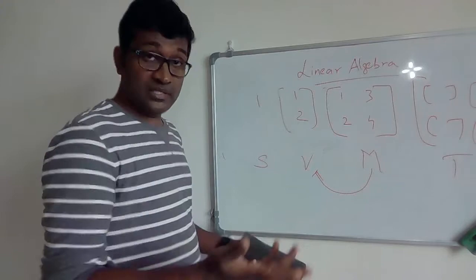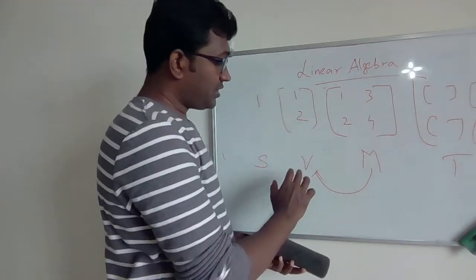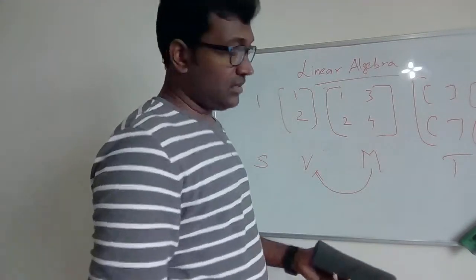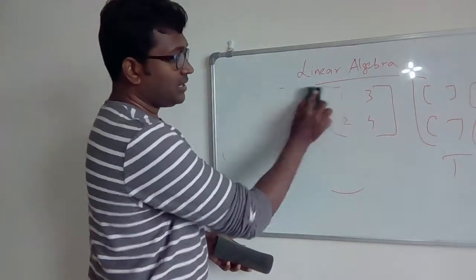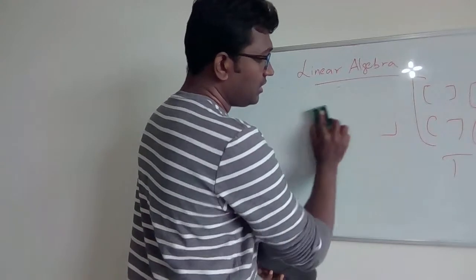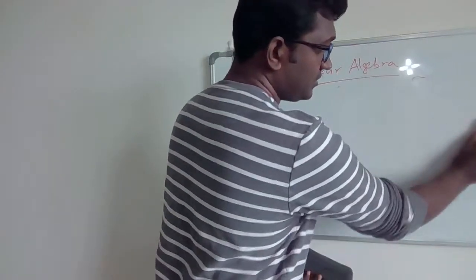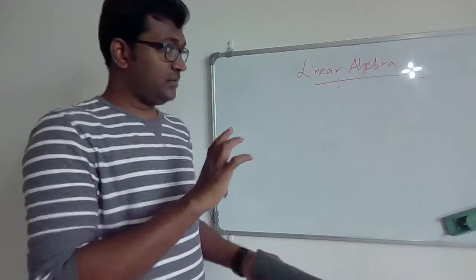Why we do it, we'll see with some examples, but understand the difference between a scalar, vector, and matrix. Now there is one more concept called determinant. Okay, in matrices, it is the amount by which the area changes.